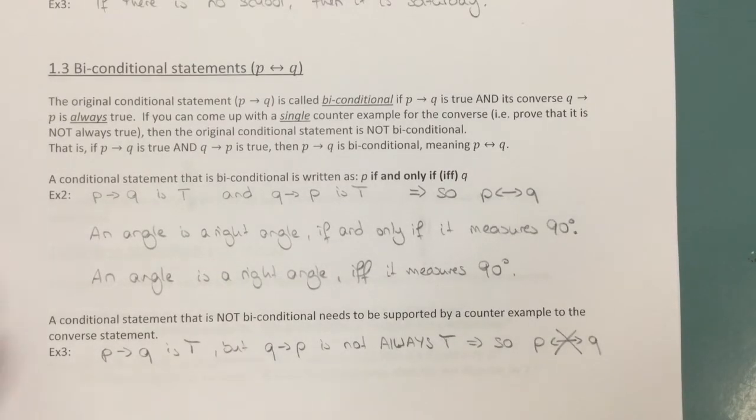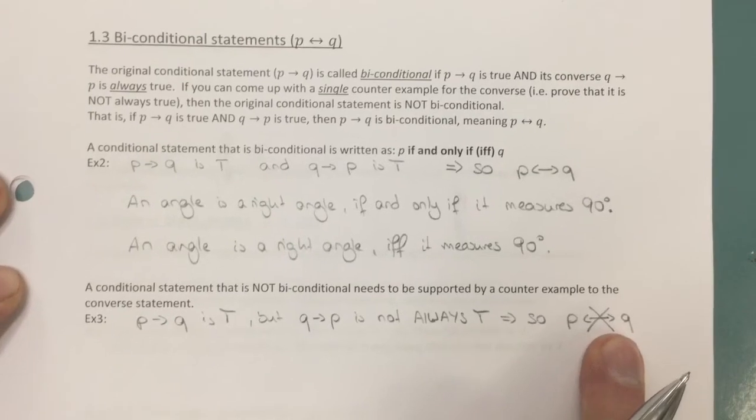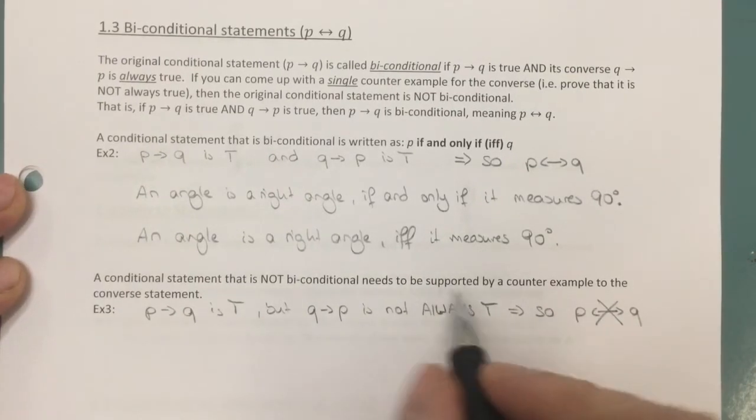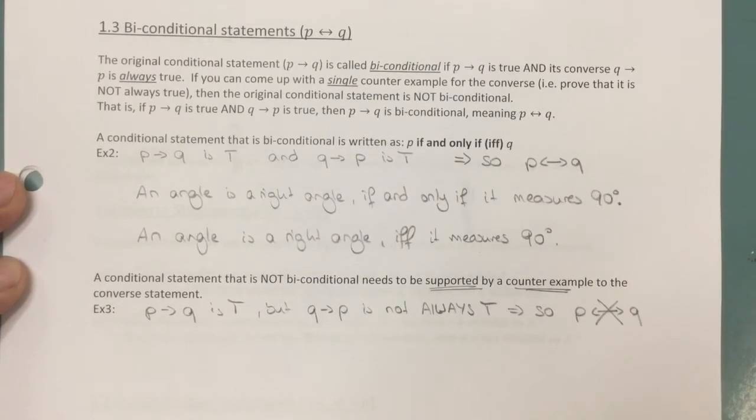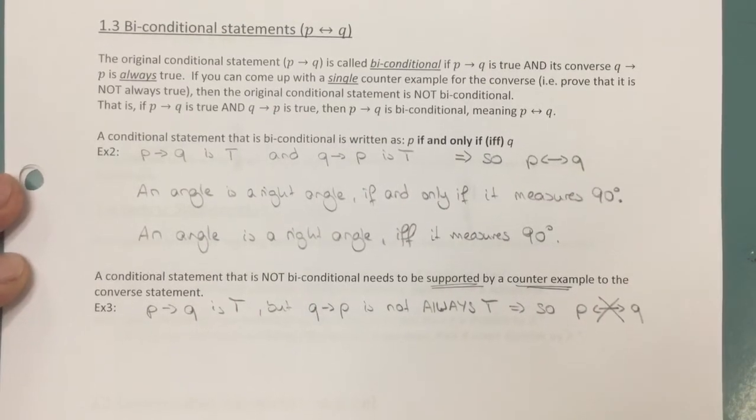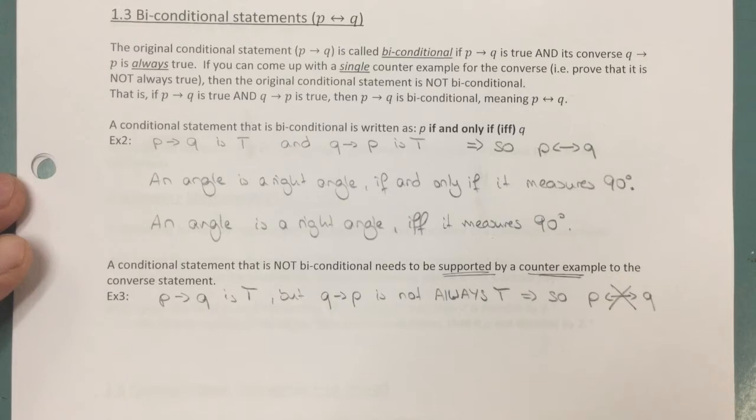Now you can't just leave this as the statement saying, oh, this is not biconditional. You have to support your argument with a counter example. And I mentioned that counter example before already. On Sundays, there is no school either. That is one of your examples that you can give.